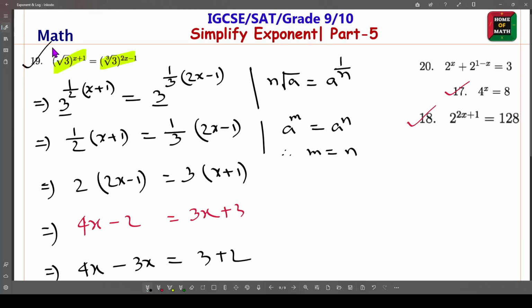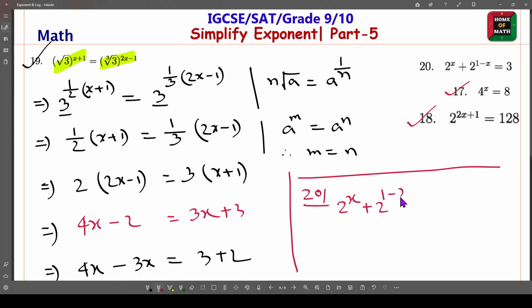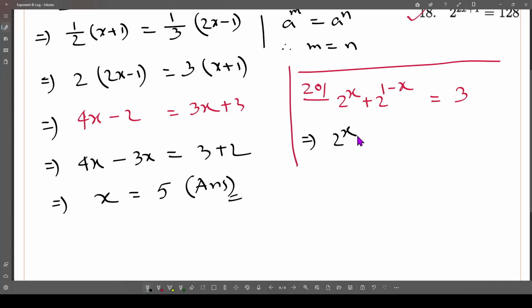So number 19 done. Now our last question, number 20. We can write here 2 to the power x plus 2 to the power 1 minus x equals 3. So here is 2 to the power x plus, this one we can write as 2 to the power 1 times 2 to the power minus x, right, equals 3.